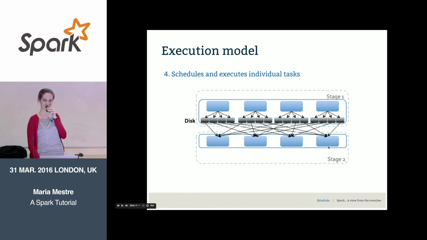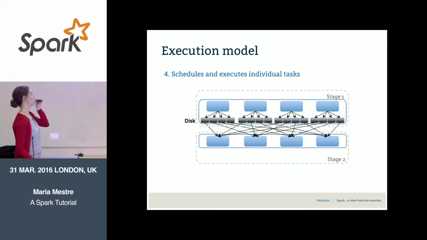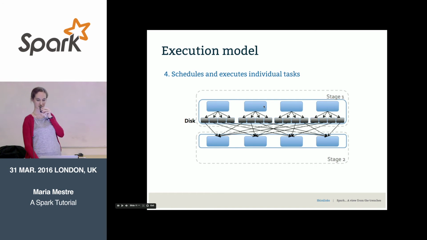Right, and then once Spark has figured out that graph, it can schedule and execute every task. This is an example of a shuffle type of operation where you have your slaves.